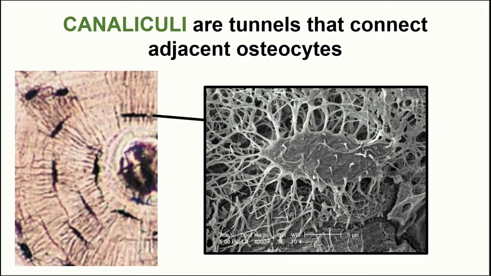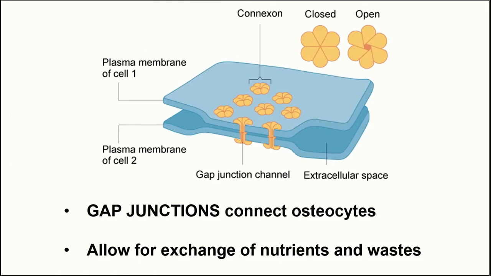And these extensions allow the osteocytes to act like a little network within this osteon. That means these osteocytes can share nutrients that are provided from this central canal. All of these osteocytes can also remove wastes and deliver them to the blood so they can be removed from the body. In this way, the osteocytes can behave as a small network so that they can share nutrients and remove wastes.